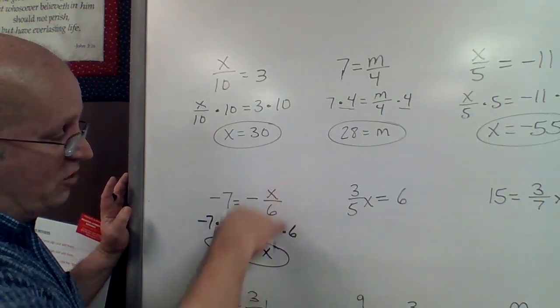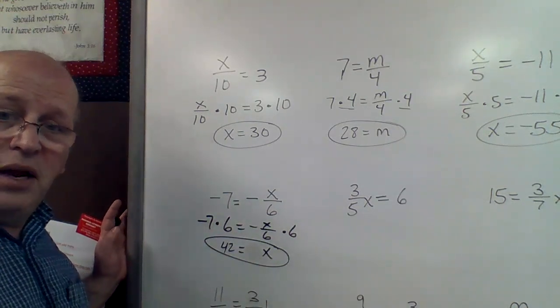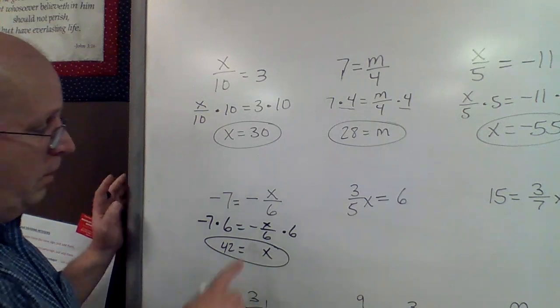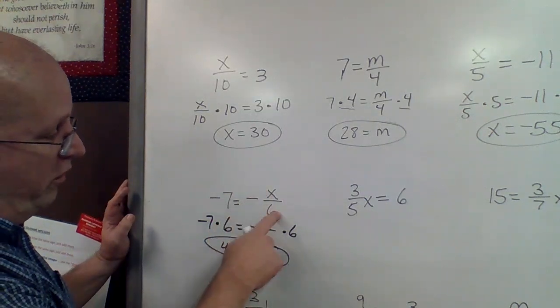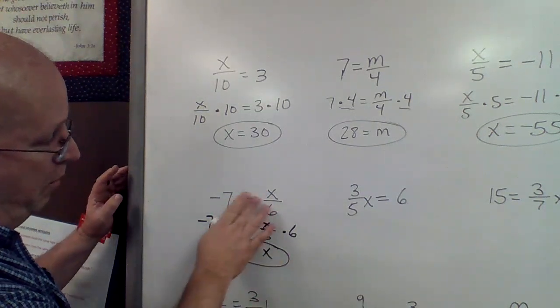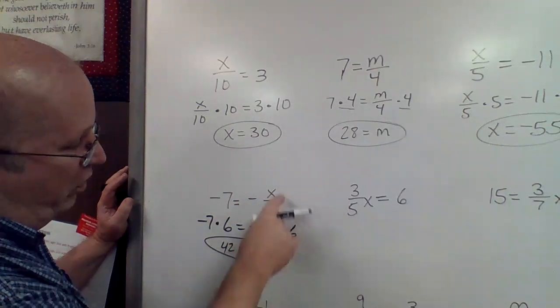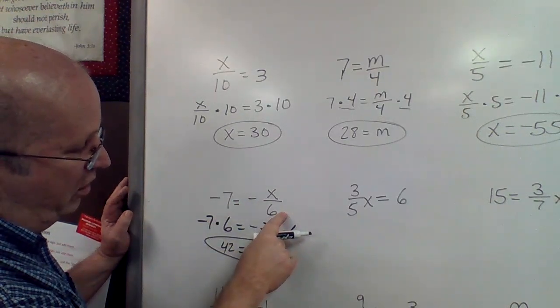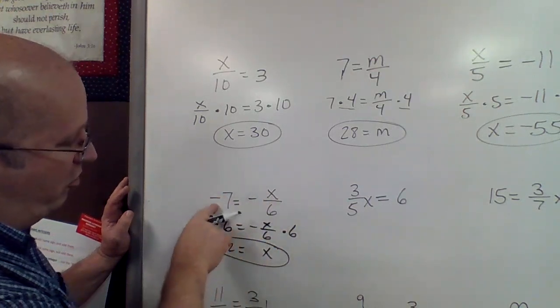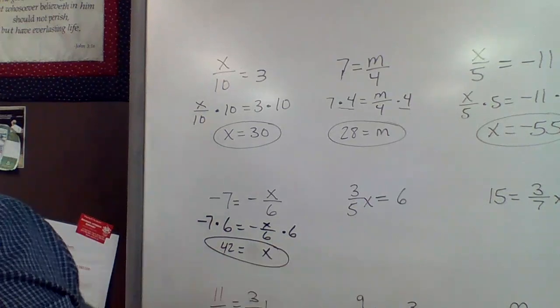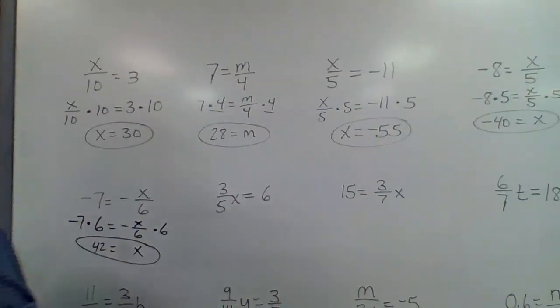Now, the whole fraction has a negative value, but x itself is a positive 42. Think about that. 42 divided by 6 is 7. But there's also the negative symbol that's sitting there, right? So it's really 42 divided by 6 is 7, but it's a -7, just like this one over here is. So x is 42.